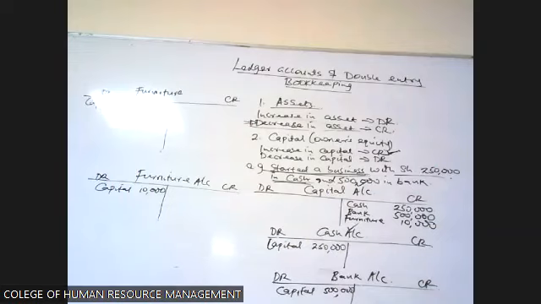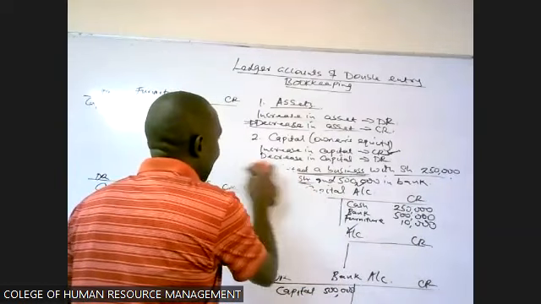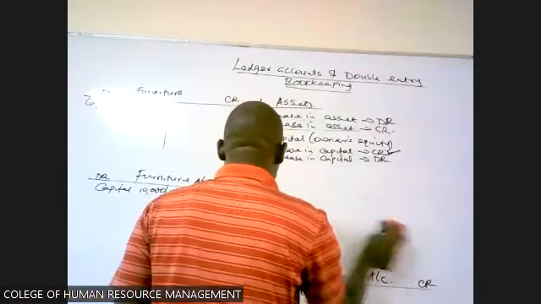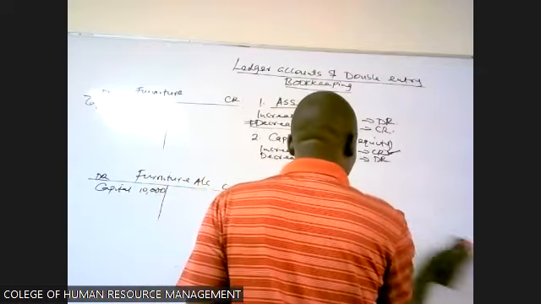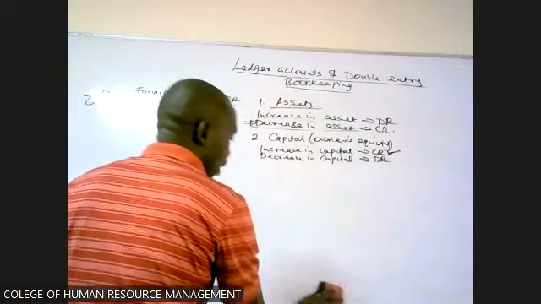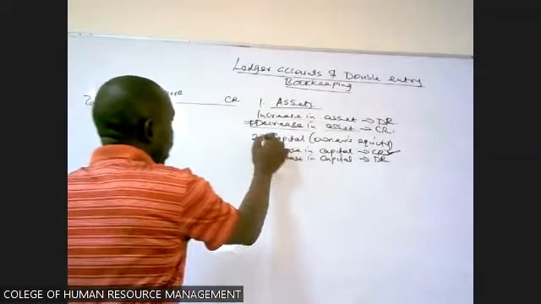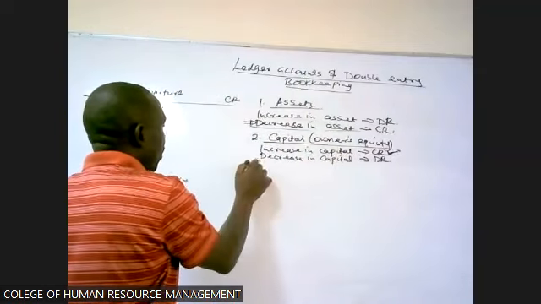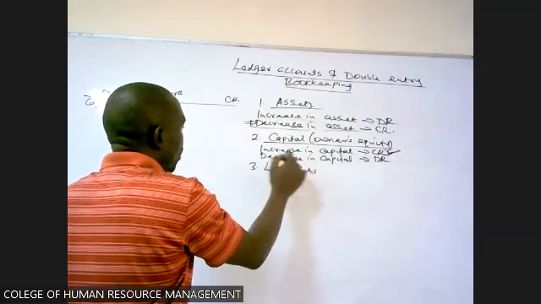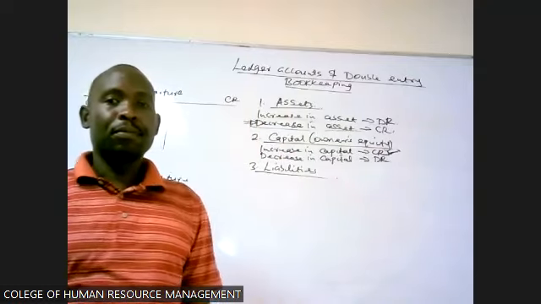Now we'll go to the next category. That was number 2. Category number 3 of items are those items we call liabilities. Remember, I told you liabilities are simply debts.